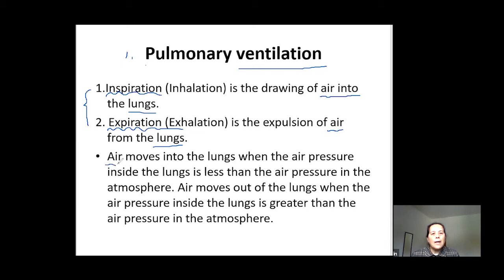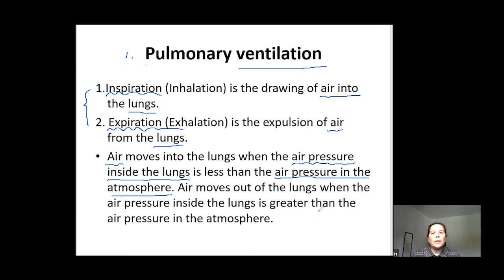So what decides whether they move in or move out? That's basically the balance of air pressure: the air pressure outside and the air pressure inside of the lung. Which side is higher?